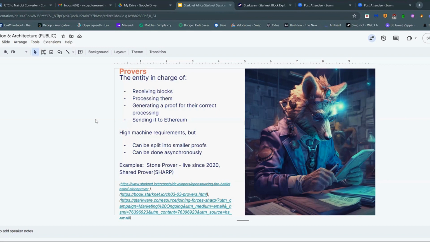The prover is also the point at which we are able to distinguish between optimistic rollups and ZK rollups. Optimistic rollups, we have most famously Optimism and Arbitrum. Both of them also have the sequencer, but they don't have the prover yet. Instead, they have a different mechanism for proving that their transactions are valid.